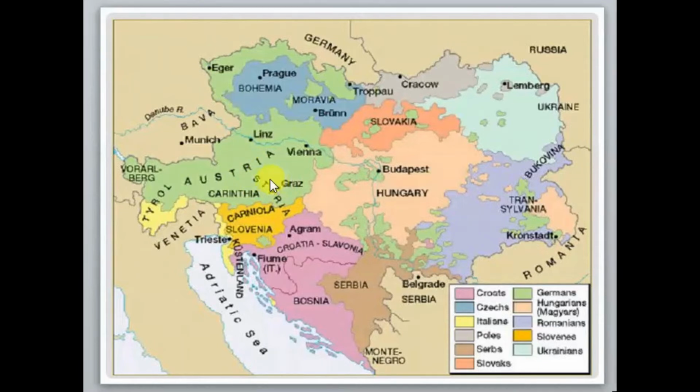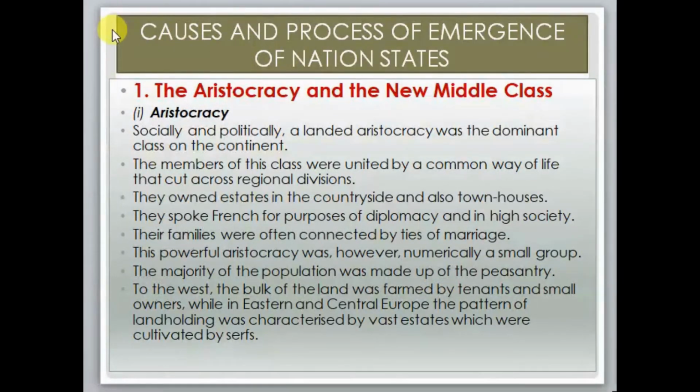So, there is a question: how did nationalism and the idea of the nation state emerge in Europe? There are four causes and processes of emergence of nation states in Europe. First, the aristocracy and the new middle class.